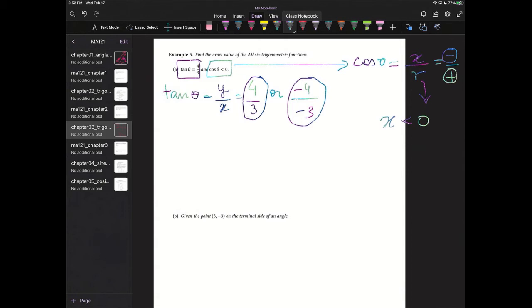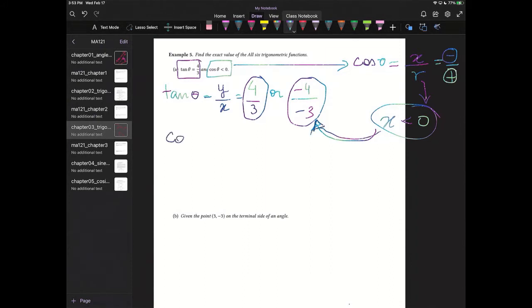Now, if x is negative, the only way that can work in this fraction is when both x and y are negative. So there are two options for the tangent, two pairs of values: y = 4, x = 3, or y = -4 and x = -3. Because the cosine is negative, x has to be negative, so the only option that really works is this one.